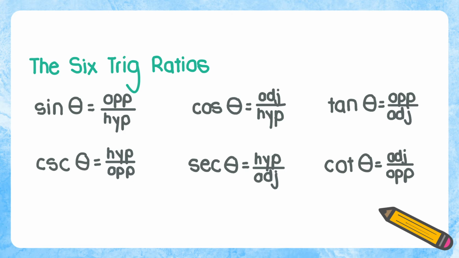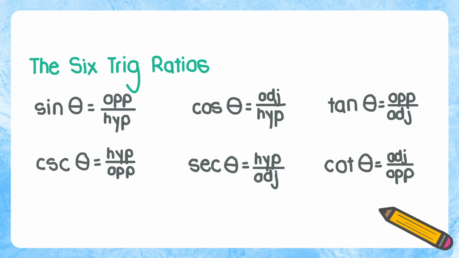Right here, be careful. You might be tempted to think that the secant of theta is the reciprocal of sine of theta, but the relationship is between sine and cosecant, and then cosine and secant.